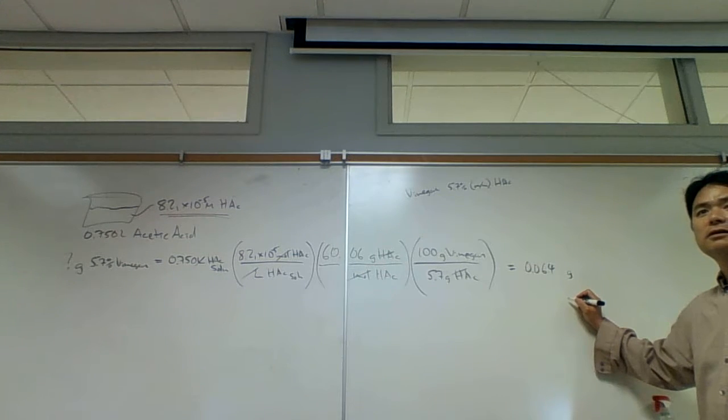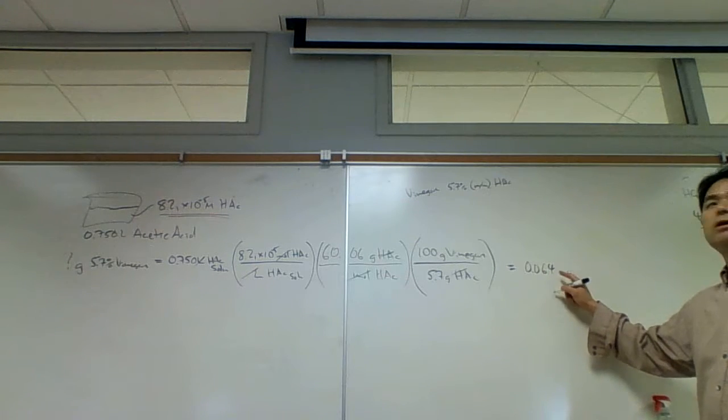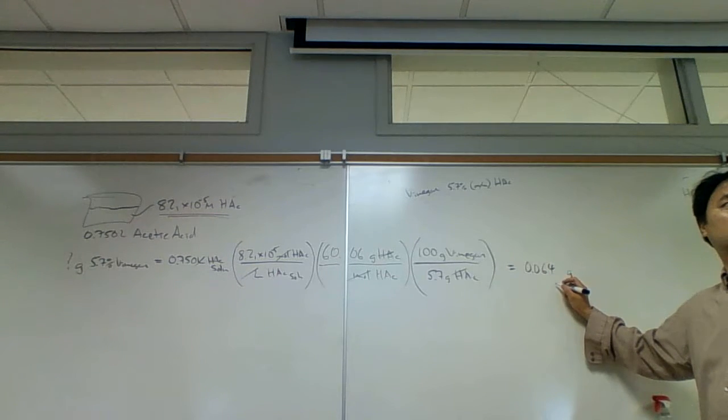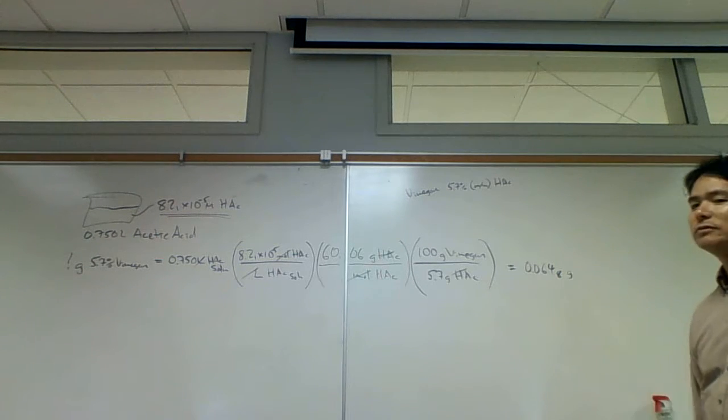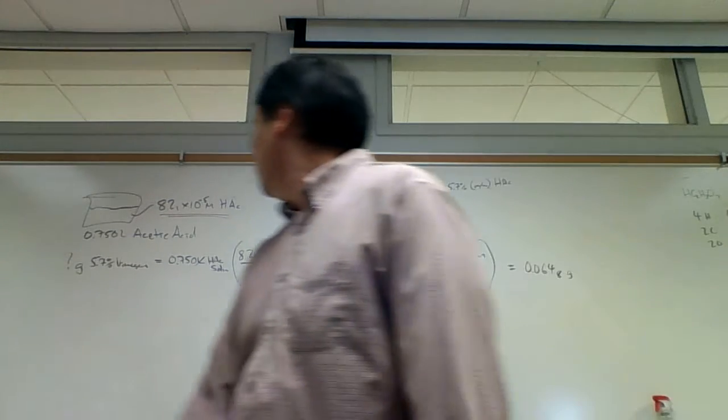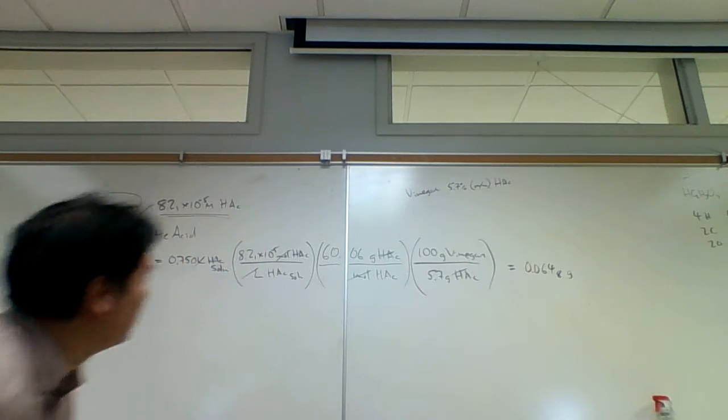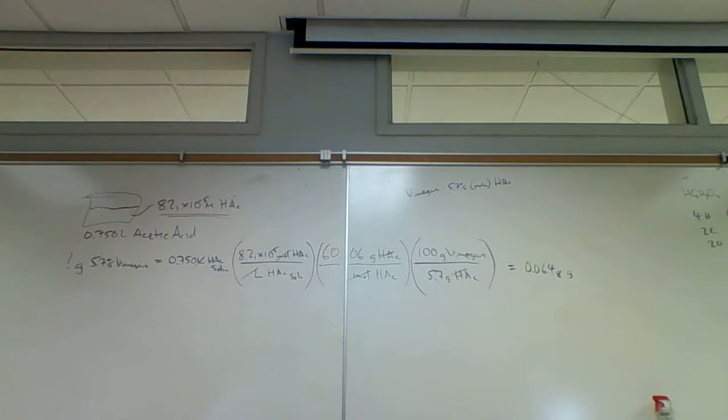Yeah. 0.0640? 0.0648. Well, the molarity is kind of low. That vinegar must be very high molarity if we use just so little. Is that what other people got? Yeah. All right, then I guess that's it.